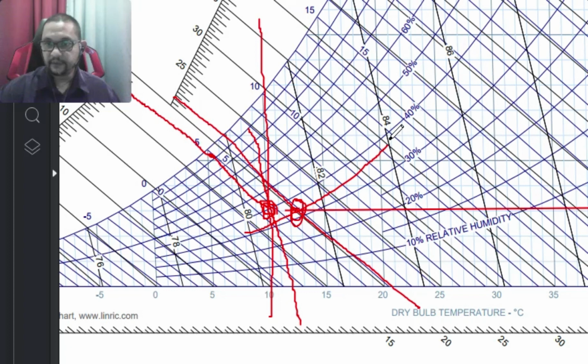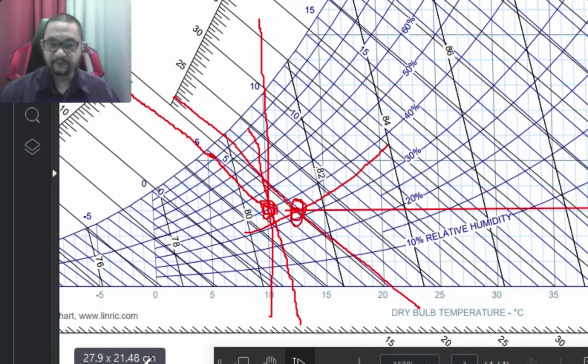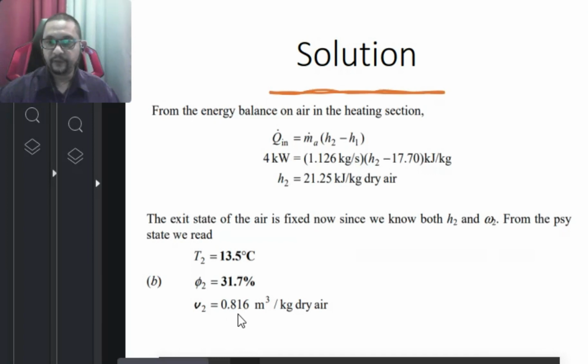So we get here around 31 point something percent for RH, relative humidity, and the specific volume is about 0.81 something. Okay, so 0.816 meter cube per kilogram dry air.